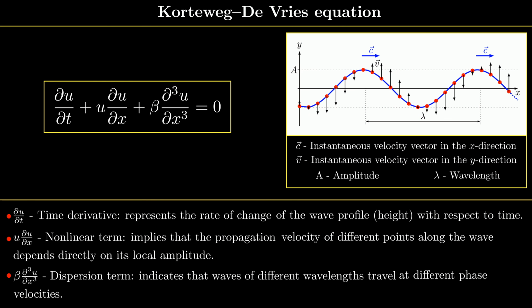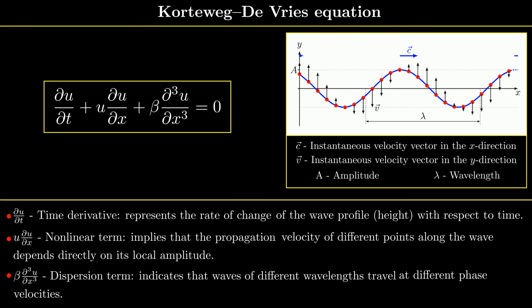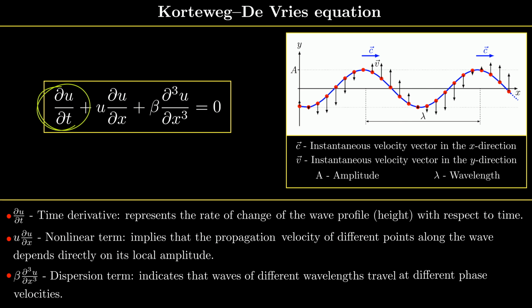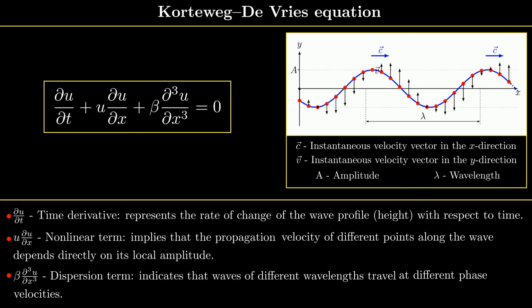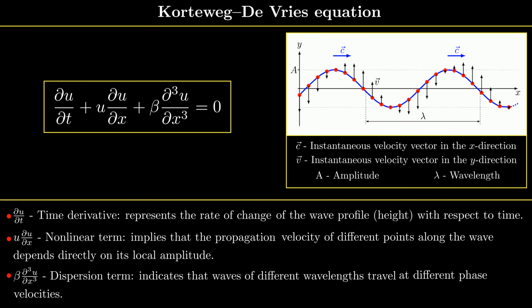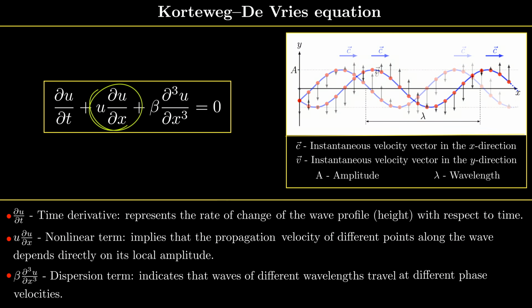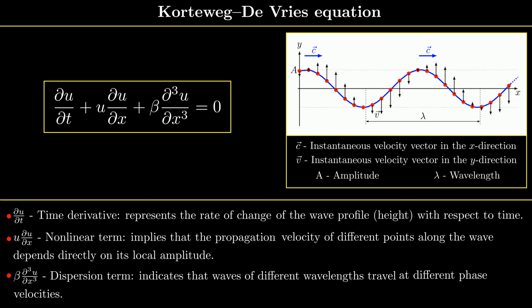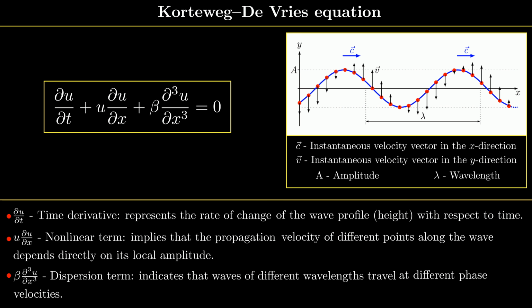Let's understand what each term in the equation is responsible for. The first term shows how fast the wave height changes over time, at a fixed point in space. The second term represents the nonlinear contribution to the dynamics of the system.